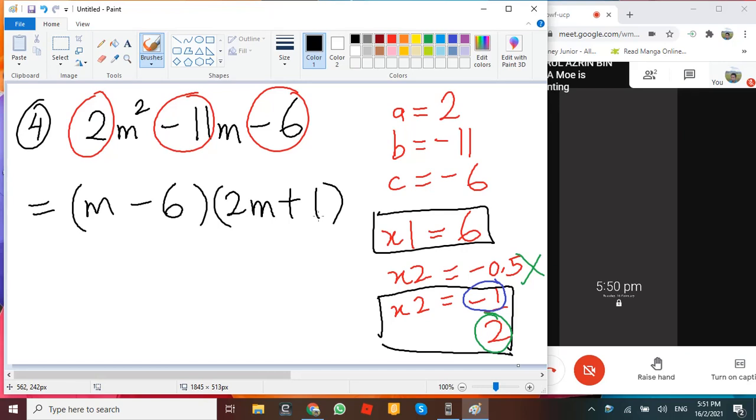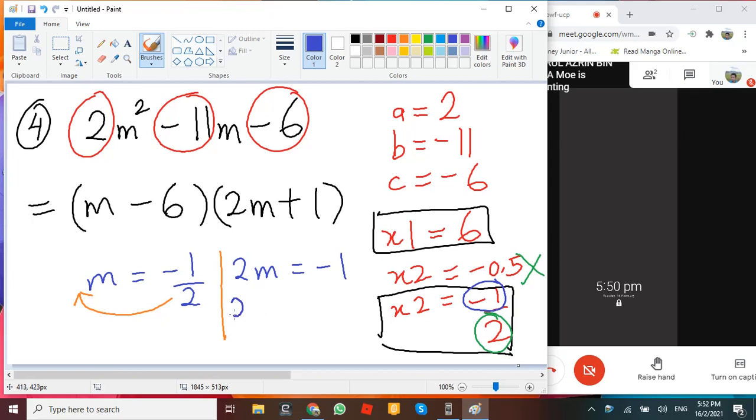Okay. If I write here, m equal to negative 1 over 2. So if 2 here, we bring to the left hand side, it becomes 2m equal to negative 1.